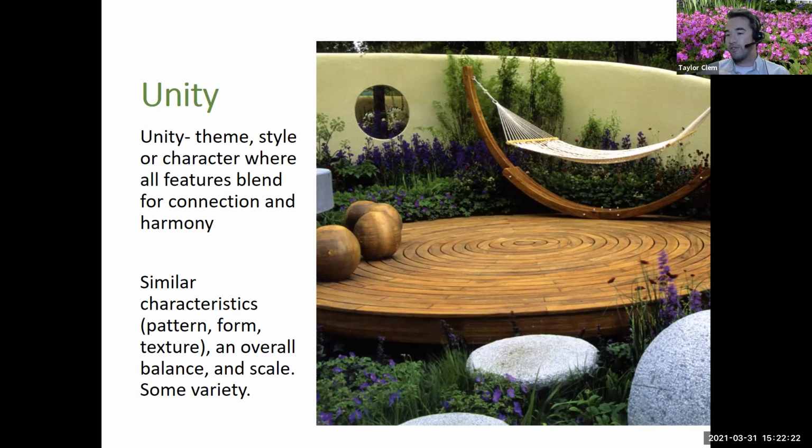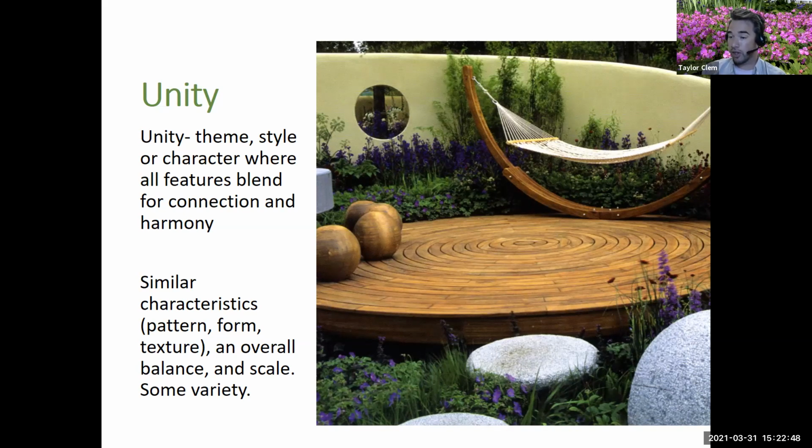So even if you have different zones, like deep shade plants or full sun plants, you can still create unity by thinking about how everything fits together in a general theme where it all blends in harmony. That's where you bring in similar forms, textures, colors, shapes, or lines, and use them throughout the landscape.